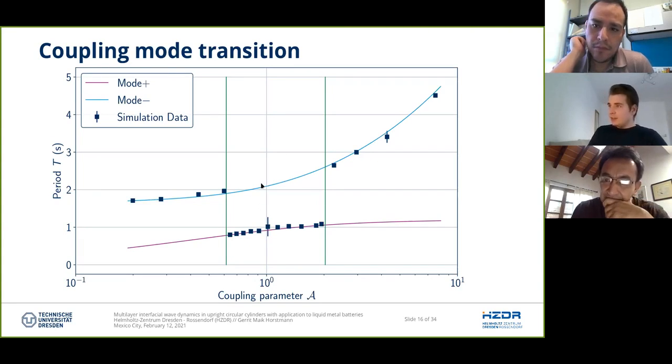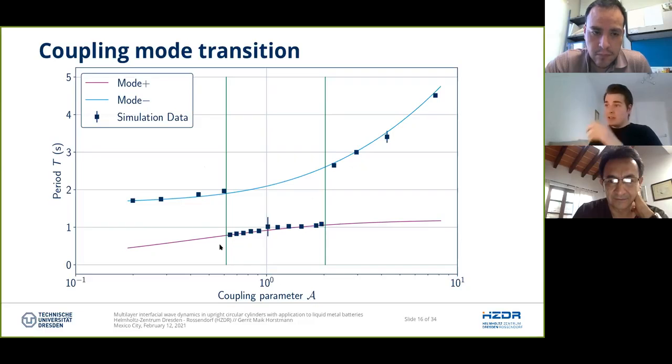So here, again, the points are the simulations where I solve the full magnetohydrodynamic system. So these periods are arising from the metal pad roll instability driven by the Lorentz forces. And the lines here are my theory where I neglected the Lorentz forces. And the reason is that of course, I have two coupling mechanisms we can imagine.